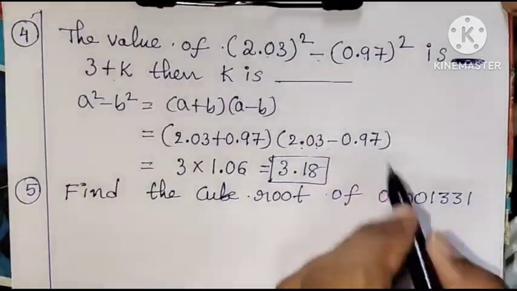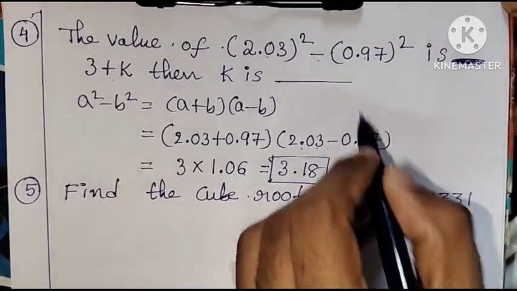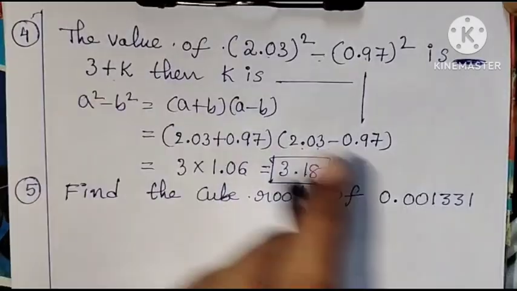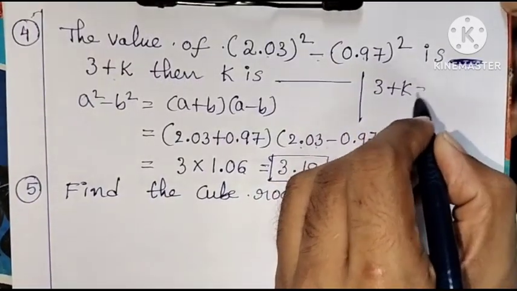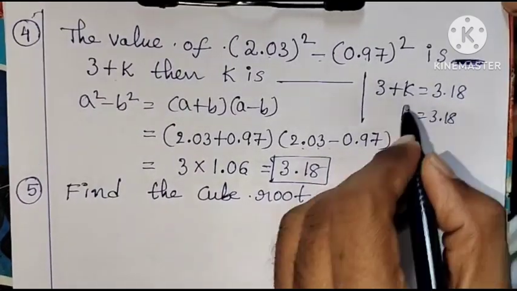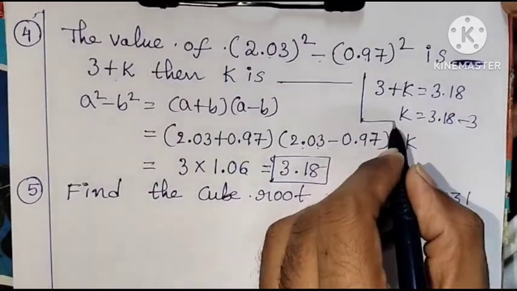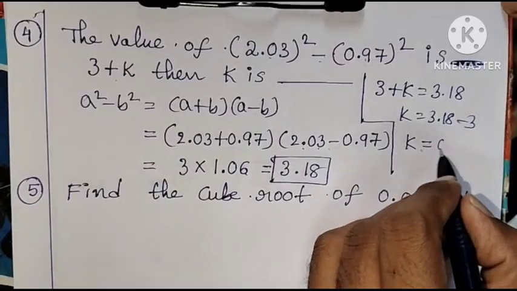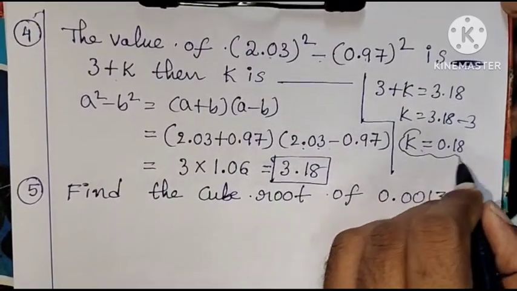You are given that the value of this is 3 plus k. So 3 plus k is equal to 3.18. Now k is equal to 3.18, and 3 becomes minus 3. So k value how much? 3.18 minus 3, 0.18.